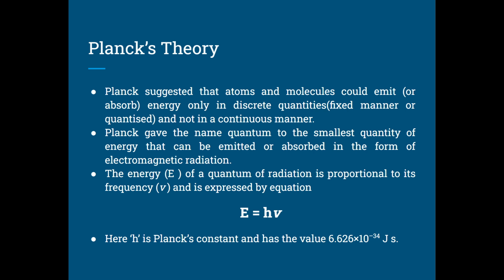The energy that can be absorbed and released is always minus 13.6 into Z square upon n square eV per atom. This is a quantized value, and this is calculated by Niels Bohr in the Bohr model of atom, which we will be discussing in the next video. Today we are only doing the theories that led to the Bohr model of atom. Okay.